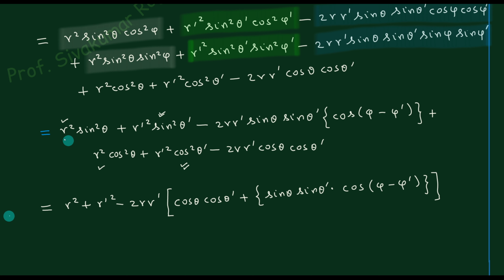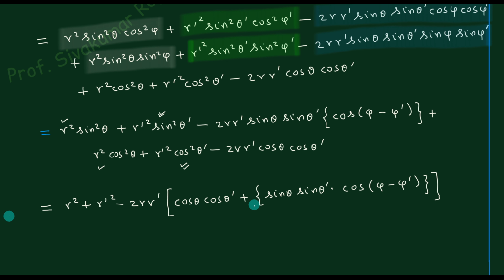This r square, if I take common, you are getting sin square theta plus cos square theta. So that term is becoming 1. So r square into 1 was there. That is what I mean to say. Similarly, r prime square into 1, because sin square plus cos square is 1. Similarly here 2rr prime is common, like that I have taken. If you take this particular term here, I think there is no common term, so I have written this particular term plus whatever is there here.